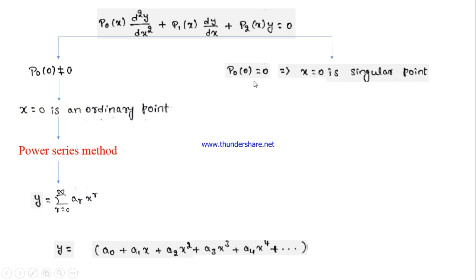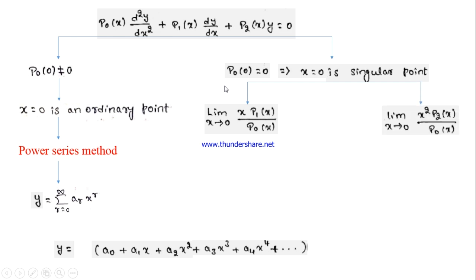If P naught of 0 is equal to 0, in that case, x equal to 0 is called a singular point. And further, we are going to check these two conditions: limit x tends to 0, x into P1 of x divided by P naught of x, and also limit x tends to 0, x square multiplied by P2 of x divided by P naught of x.